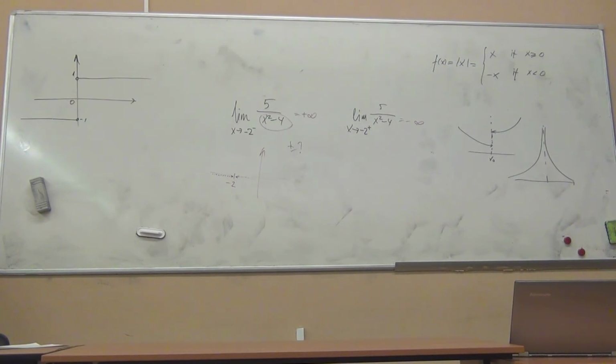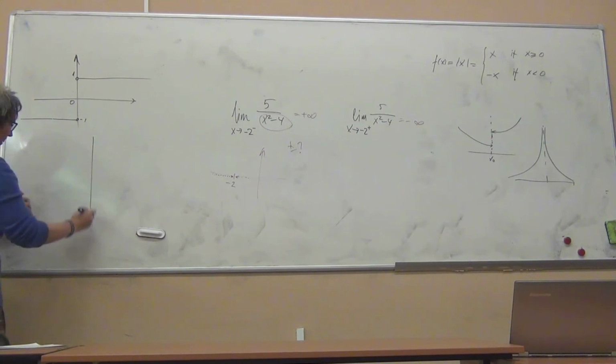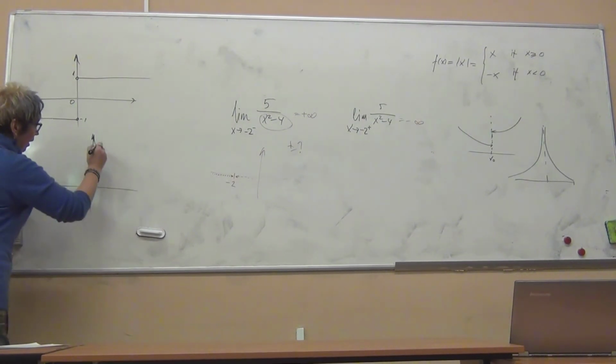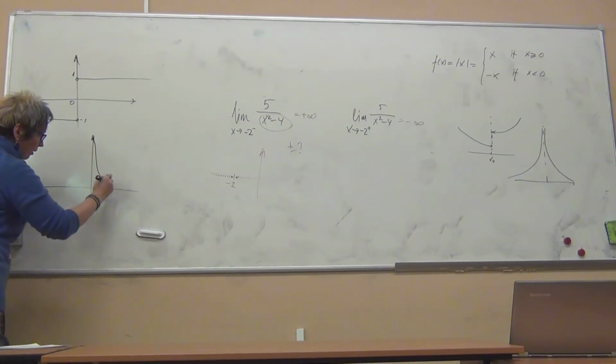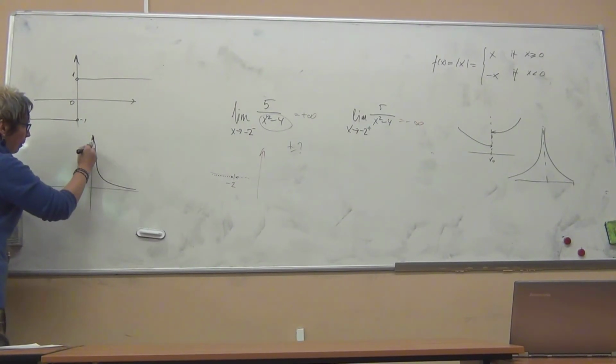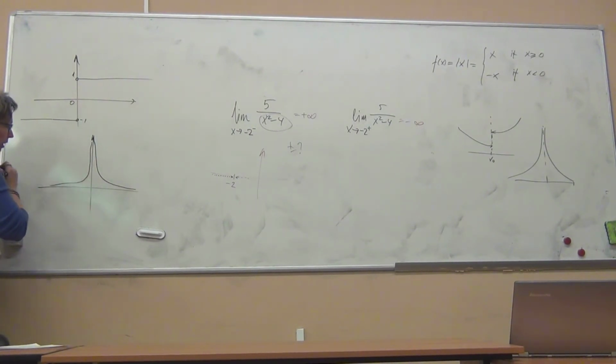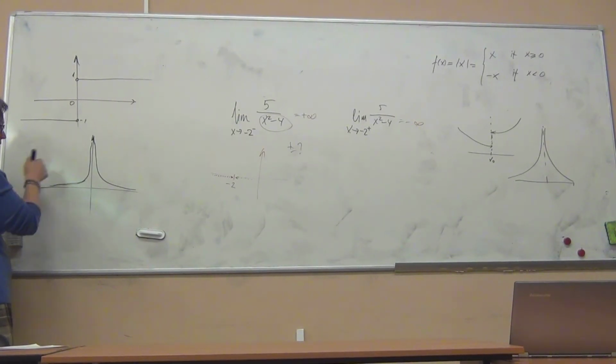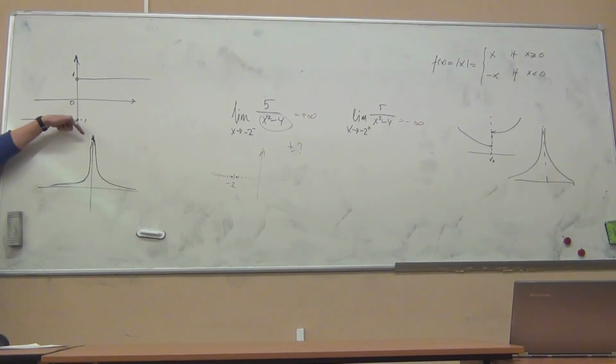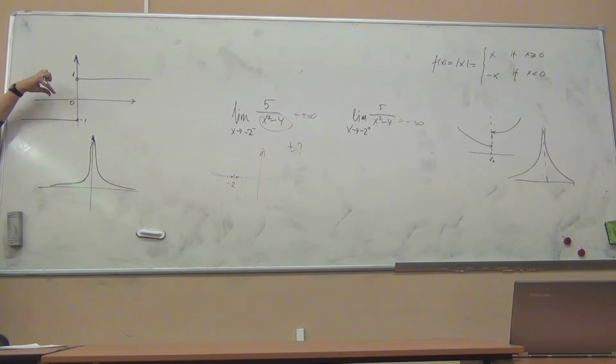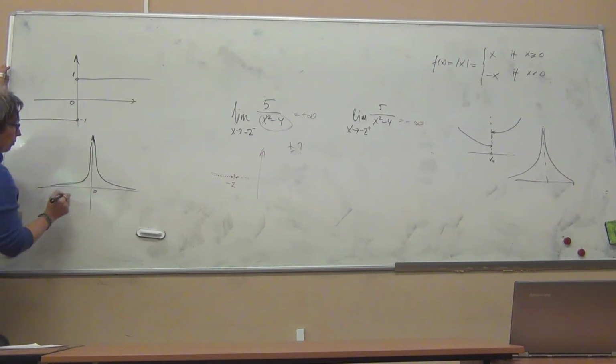I remember 2 days ago I left it for yourselves to discover. So 1 over x squared is not really a hyperbola, but at least slightly similar. And of course both sides are positive because it's an even function. So this would be type 2 discontinuity because both the one-sided limits are infinity at x equal to 0.